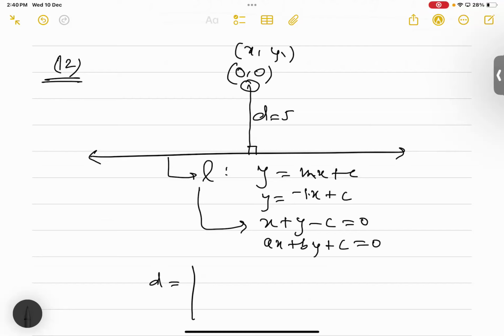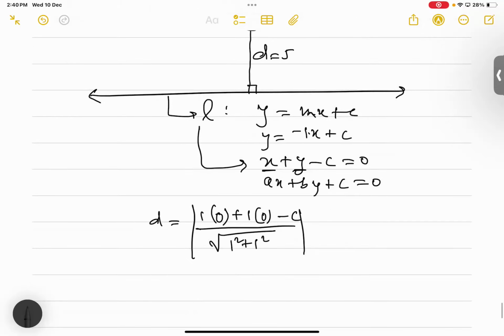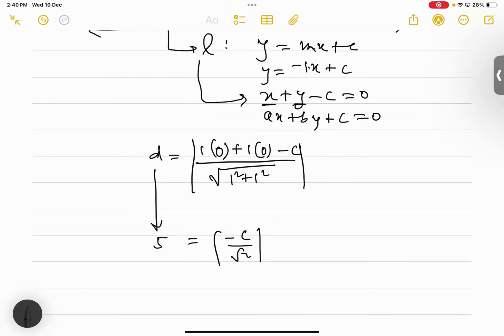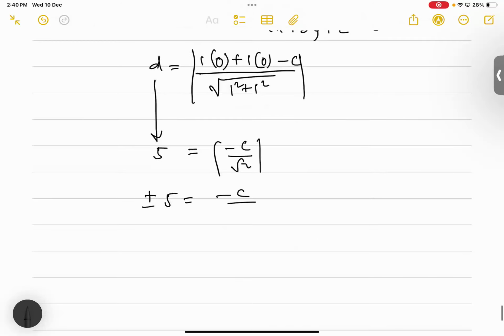So distance d is equal to a, that is 1, times x1, which is 0, plus b, also 1, times y1, which is 0, plus c, upon root of a square plus b square, that is 1 square plus 1 square. Now what is d given in the problem? 5. So 5 equals minus c upon root 2. Correct? So take plus or minus 5 equals minus c upon root 2.